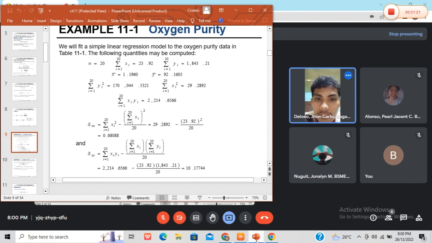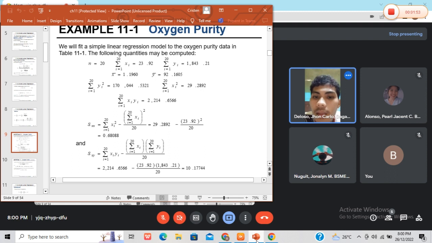And to get the value of S subscript xy, we have the summation of xy minus the summation of x multiplied by the summation of y divided by n. So we have 2,219.6566 minus 23.92 multiplied by 1,843.21 divided by n.